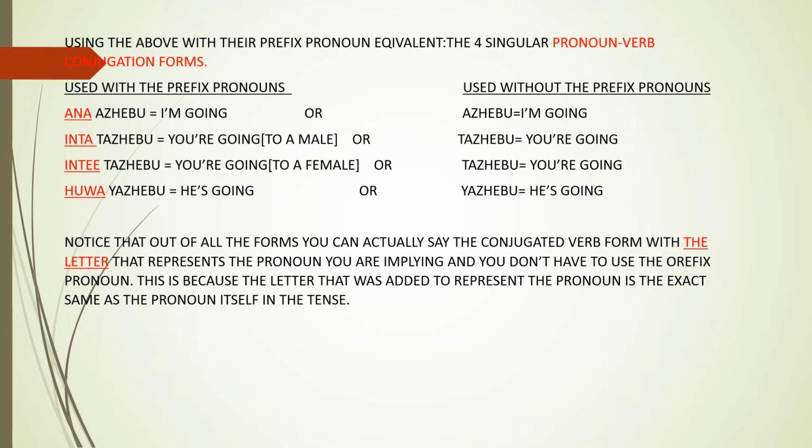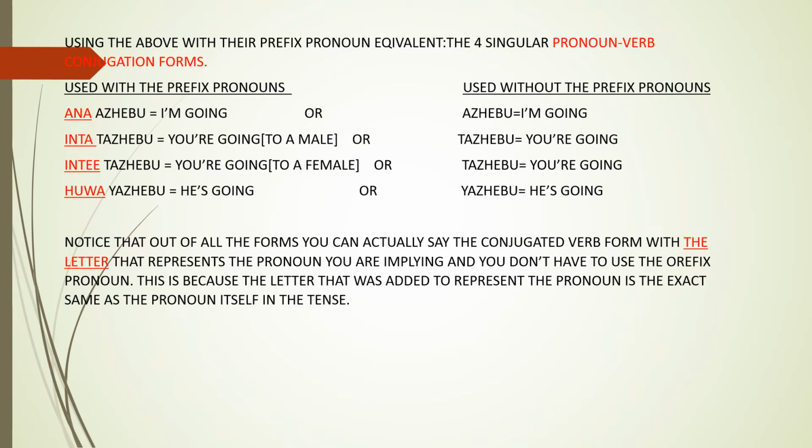But if you look to the right, in the middle, I have the word without the prefix pronoun, and it's just azhibu. That literally means the same as ana azhibu because, in our language, when we use these letters to conjugate with the base form of the present tense verb, it automatically means the prefix pronoun.